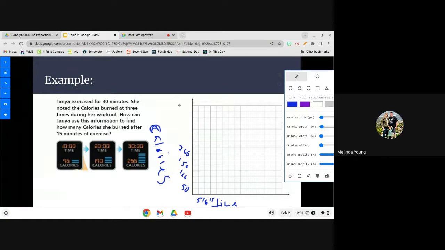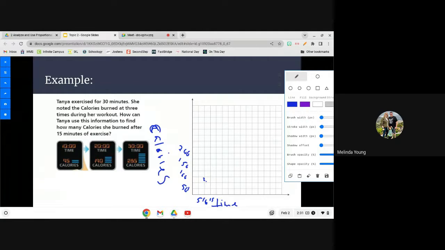So, we are going to look at each of this information and graph it. At about 10 minutes, it looks like I'm at about 95 calories, so I'm about here.